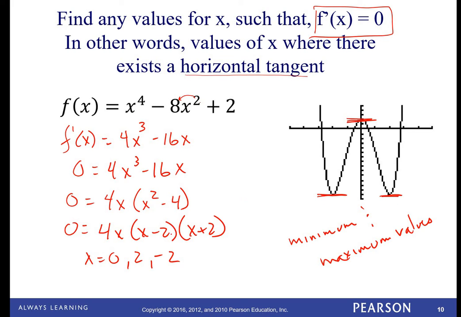So it's a very useful tool so that I can find minimums and maximums of graphs. And they really are what we call local minimums and maximums, because this graph does continue to go up forever, but at this place that's a local maximum. These are local minimums. So another way to use this, right now we're going to use it to find our horizontal tangents.